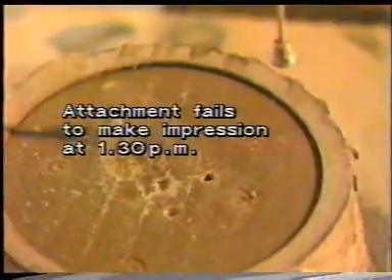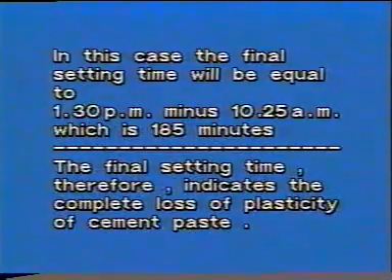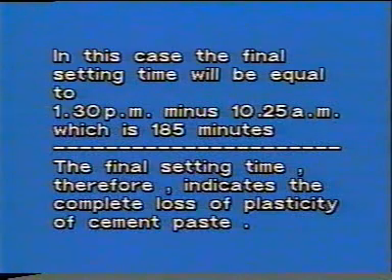In this case, final setting time will be equal to 1:30 p.m. minus 10:25 a.m., which is equal to 185 minutes. The final setting time, therefore, indicates the complete loss of plasticity of cement paste.